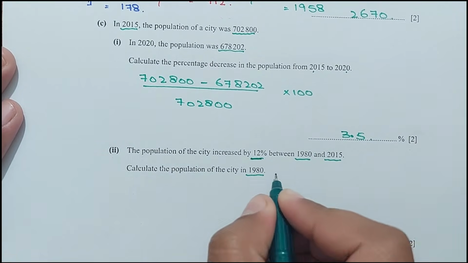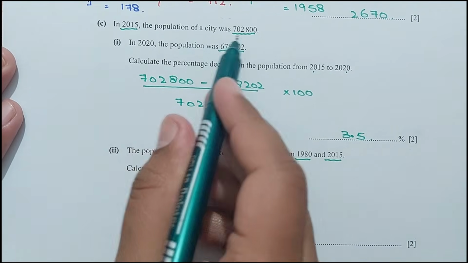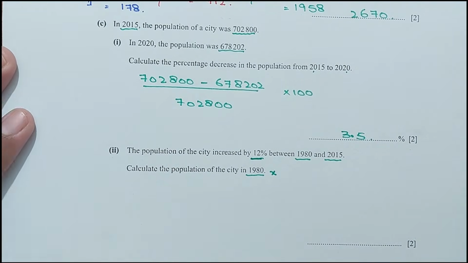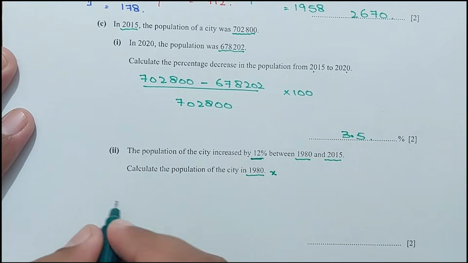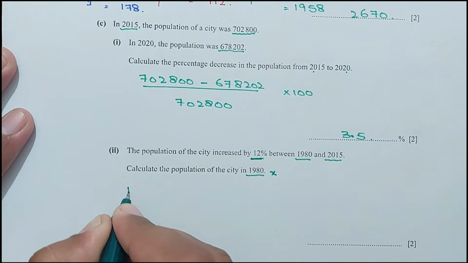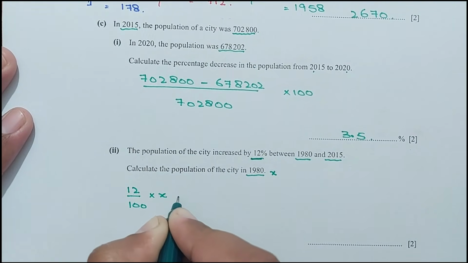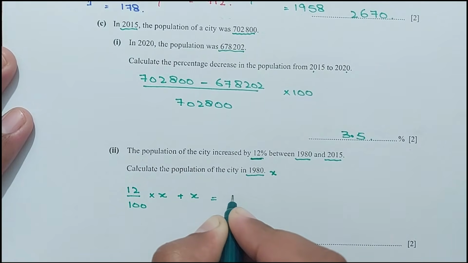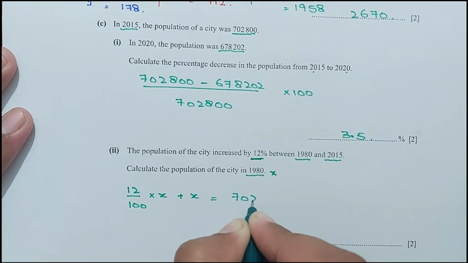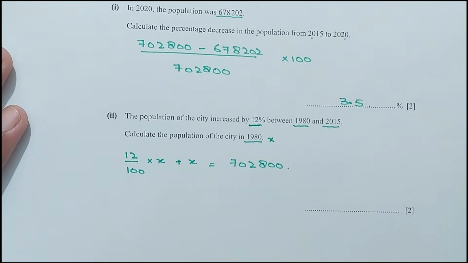Let's say the population in 1980 is X, and in 2015 it is given. So 12% of X plus the population in 1980 equals the population in 2015.